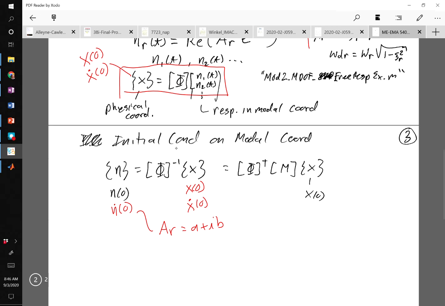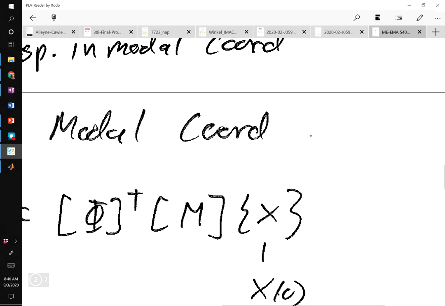I will mention also, because of these orthogonality properties, we don't have to actually compute phi inverse. If phi transpose m phi is equal to an identity, well, we also know that phi inverse phi would be an identity.